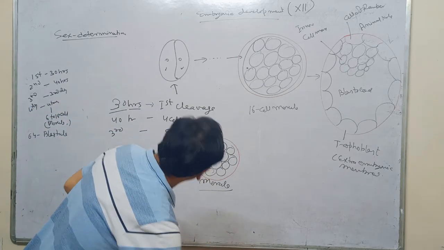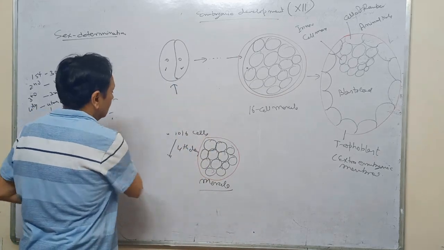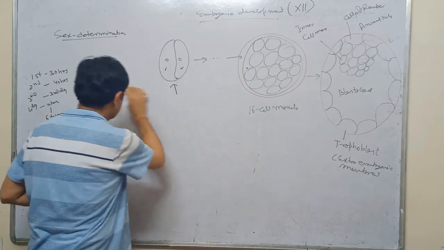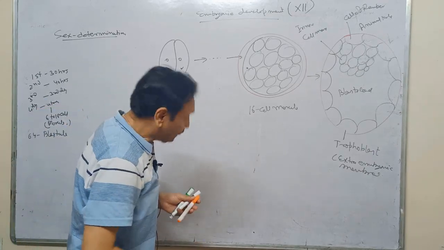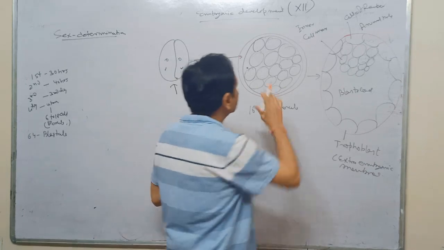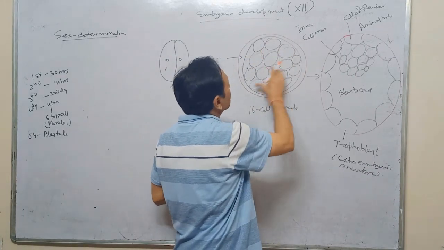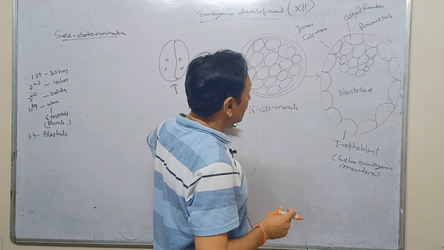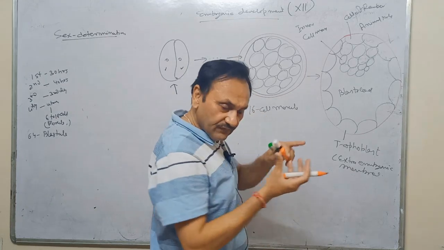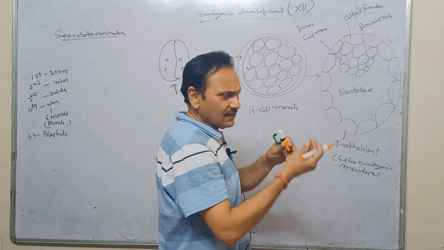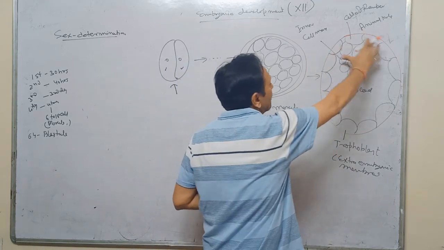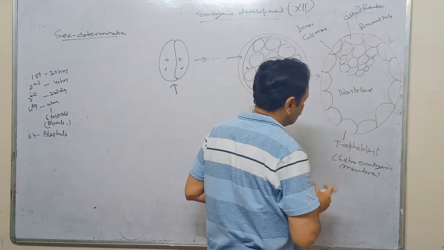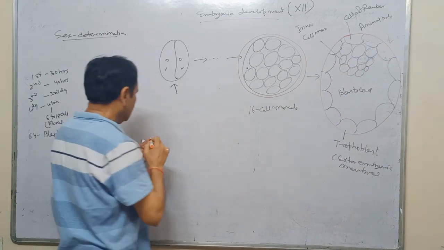There, inside the uterus, it absorbs uterine fluid, and this 16 to 32 cell stage is differentiated, or the shifting of the cells forms a structure that is called the blastula.